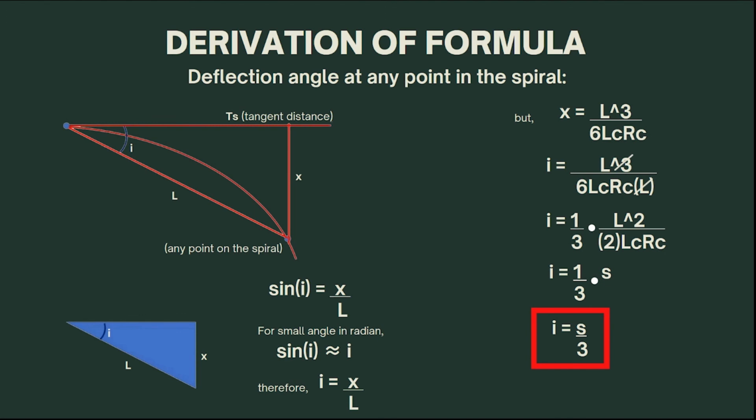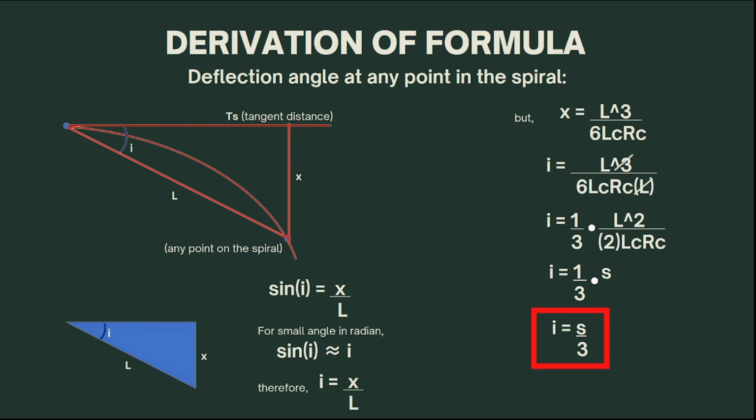Thus, sine I equals x over L. Since the angle is very small, sine I approximately equals I. Therefore, I will equal x over L. X equals L cubed over 6 LCRC, as we have already seen in the past formula derivation. Thus, I equals L cubed over 6 LCRC over L. This allows us to eliminate the numerator and the denominator, which gives I equals L squared over 6 LCRC only.